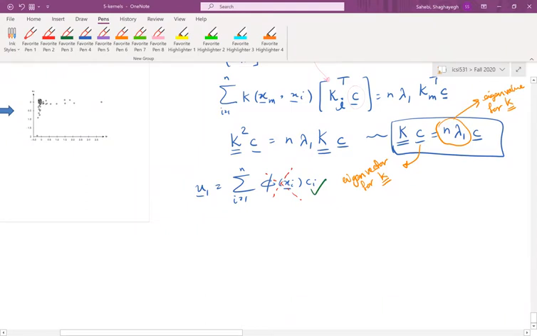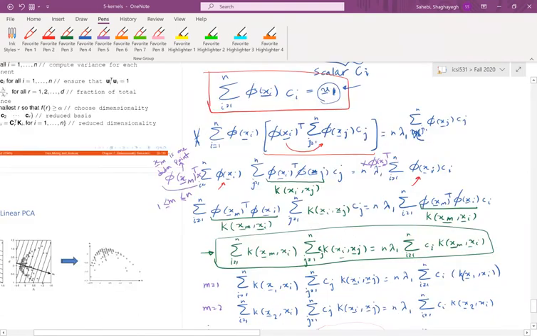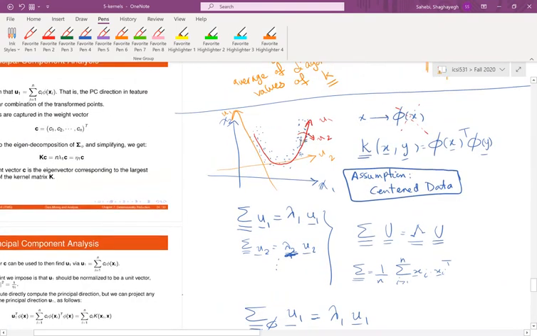Remember that in kernels, the whole point was that we do not need to transform our data into the feature space. We can just work with the kernels. So it doesn't really make sense for me to get to this direction u1. But what can I do instead? You remember that when we did PCA, after we found the new axes, we projected our data points onto these new axes.